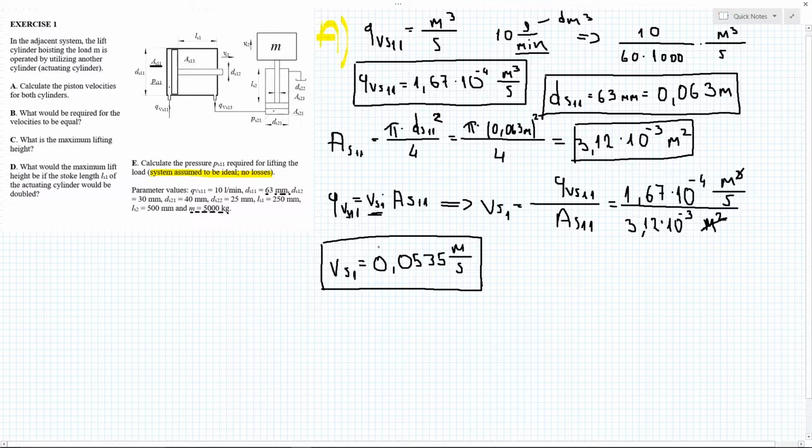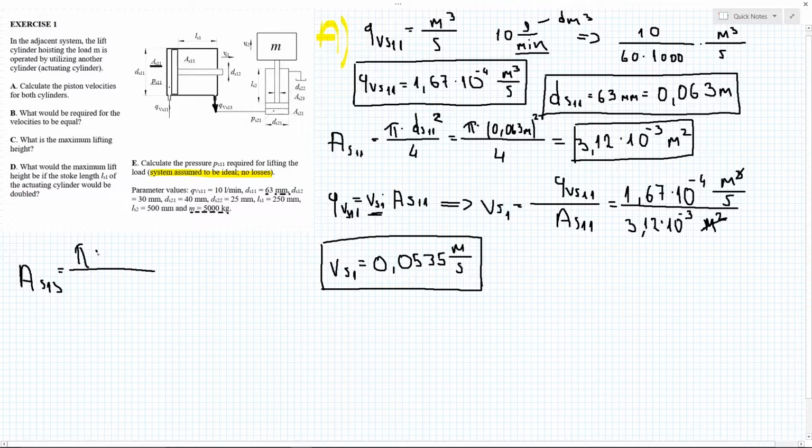Now we know the velocity of the first piston. We have to calculate the exiting flow. The flow is going to exit right here. So first we have to calculate the ring area behind the piston. That area, AS13, is going to be equal to the area of the big piston that we already calculated.